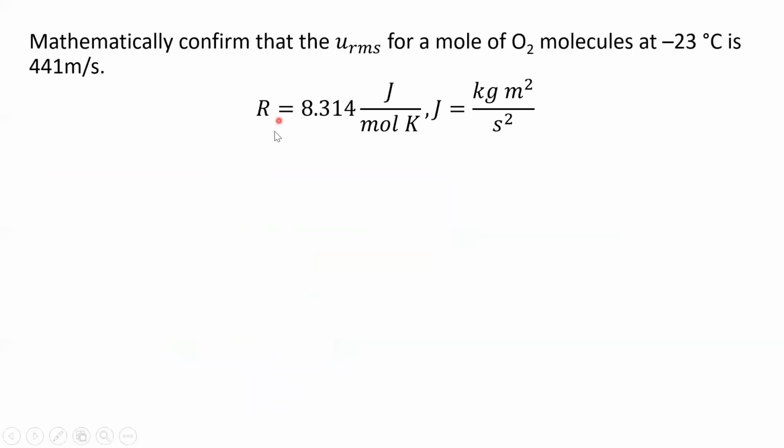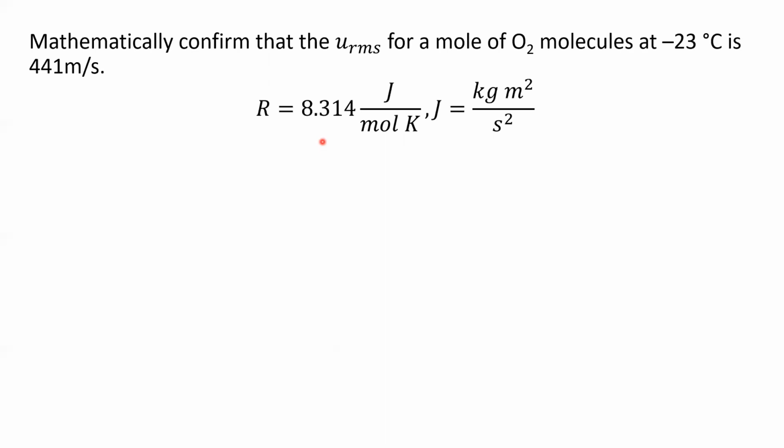First of all, the R value that we're going to use is going to be 8.314 joules per mole Kelvin. We looked at this as being an option for our R values way back at the beginning of the unit. We haven't really used it before, but we're going to need to use it now.